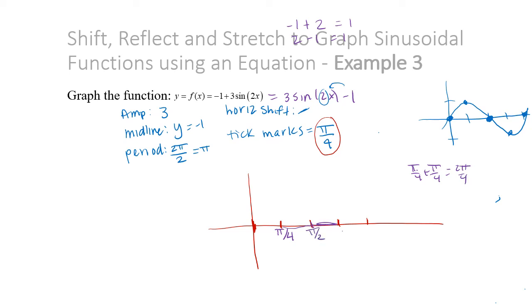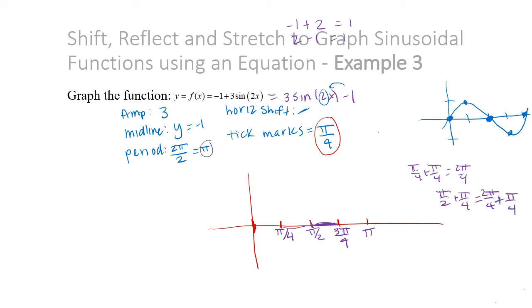Add another pi over 4, and I'm going to be at pi over 2 plus pi over 4, which is 2 pi over 4 plus pi over 4. I got a common denominator, so that's going to put me at 3 pi over 4. And then if I add another pi over 4 to that, I'm at pi, which is great because that should be what my period is.